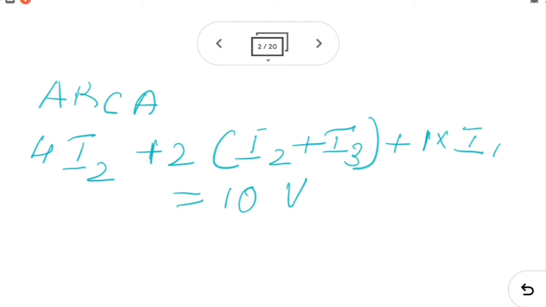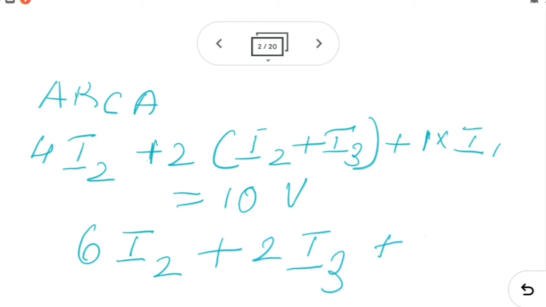So we will simplify this. We have 4I2 plus 2I2, that is 6I2, then 2I3 plus I1 is equal to 10 volt. So that is the second equation.